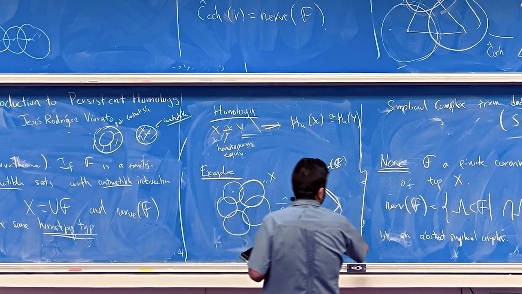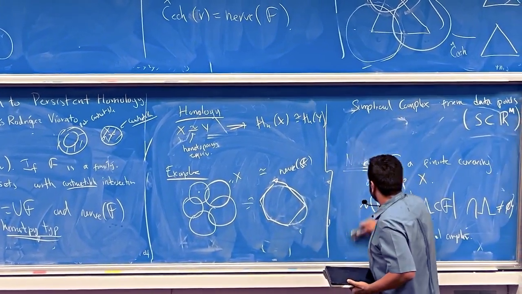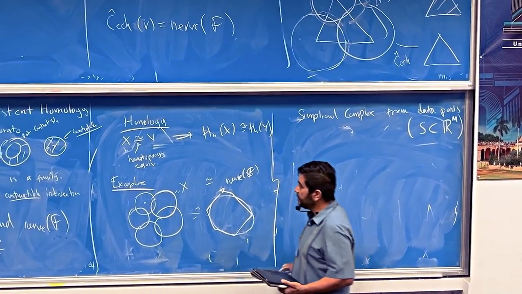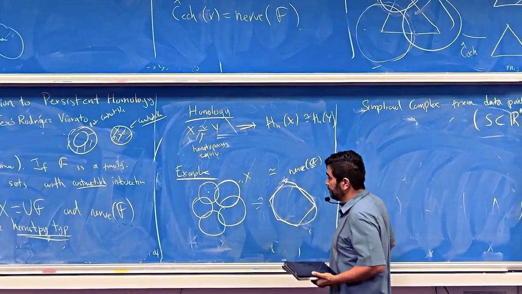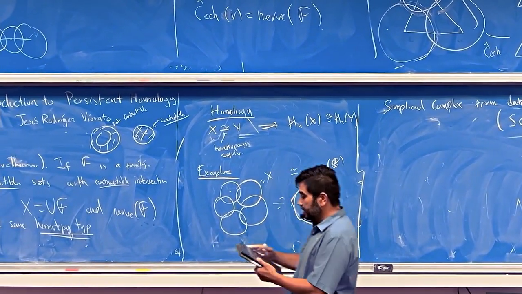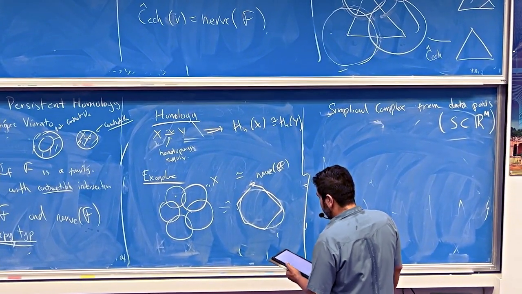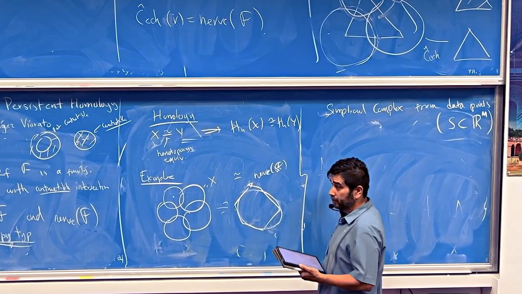But unfortunately, that doesn't happen with the Vietoris-Rips complex. You don't have this preservation of the homotopy type of the space, which is kind of sad. But at least you have something, they are kind of close.